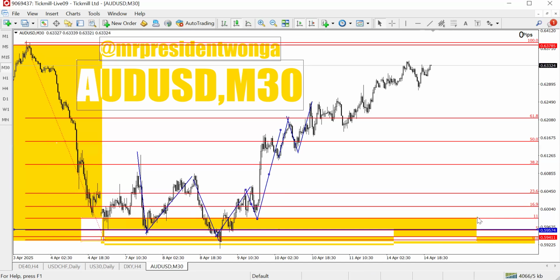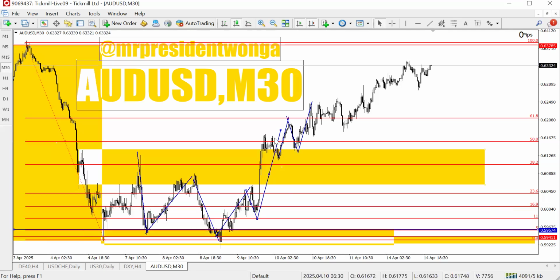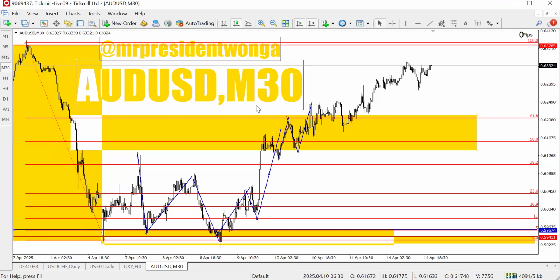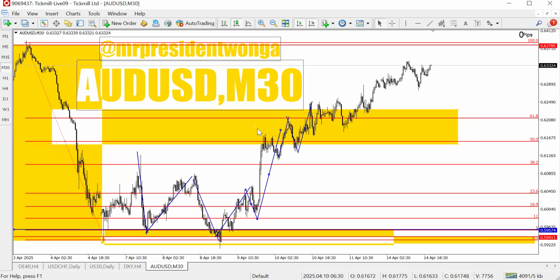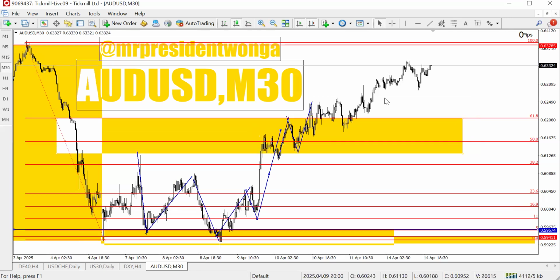And when you go to these levels here, just above 61.8 and 50, most of the time, I'm not saying all the time, you're more likely to see a big M. So a big M is when the price is doing something like this.